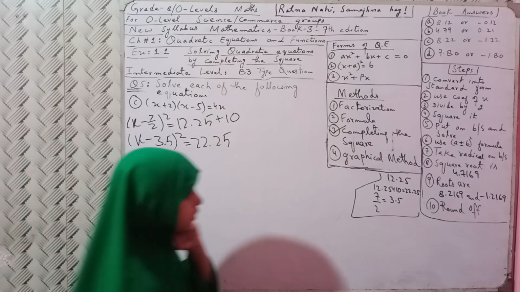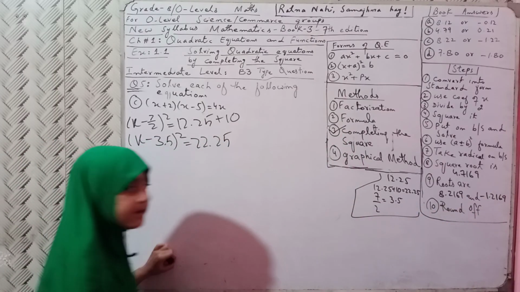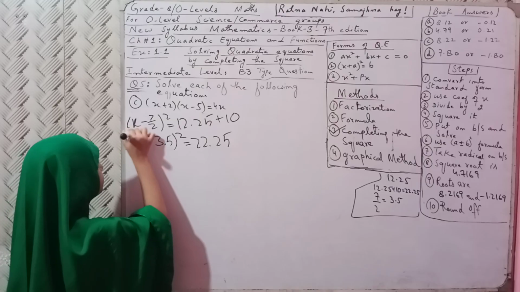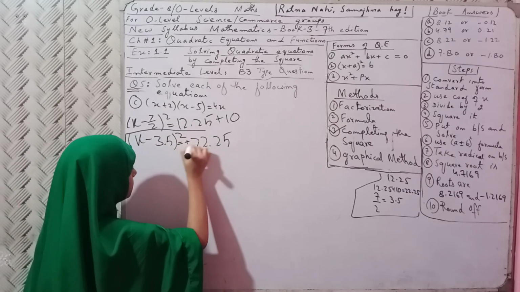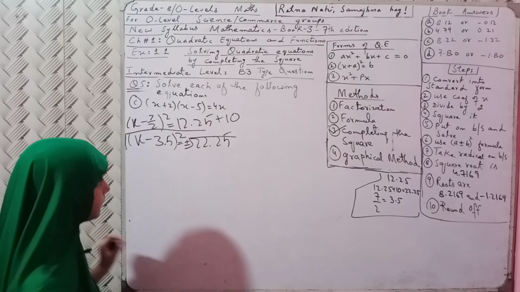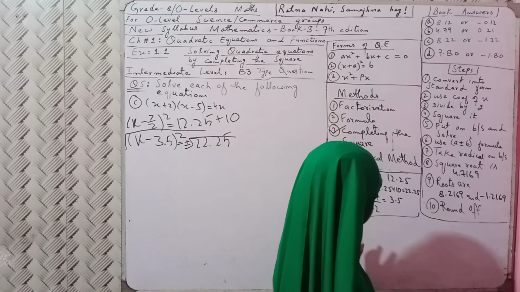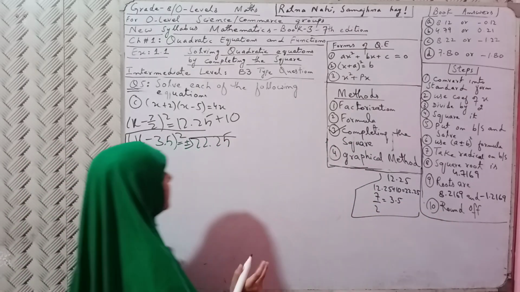22.25. Now take radical on both sides, plus or minus. Now we are to make two equations.